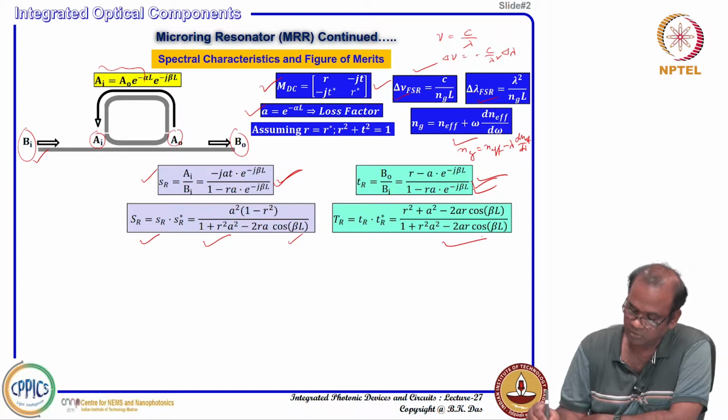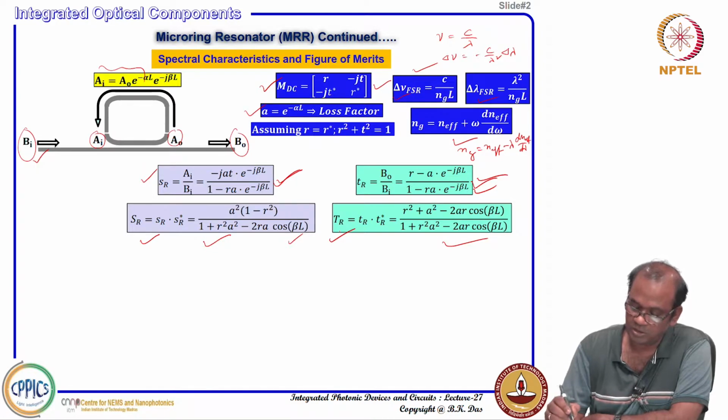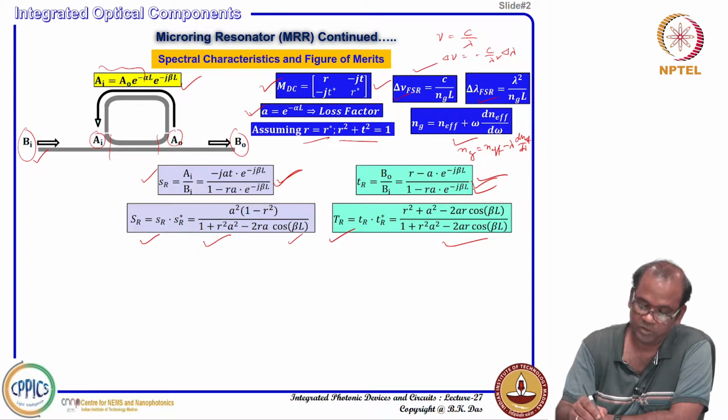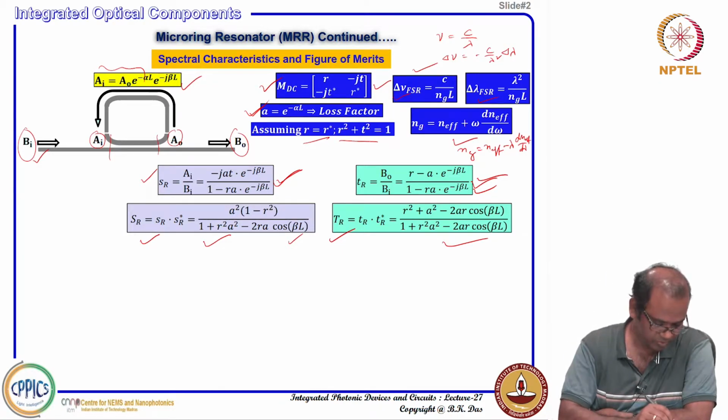Similarly, for transmission we will have this TT star, so we get the power transmission coefficient function. In this derivation, we have just assumed R equal to R star, and the directional coupler is lossless, R square plus T square equal to 1, but inside the ring, whatever loss is there has been attributed to A, the loss factor. So, this much we have learned in the previous class.